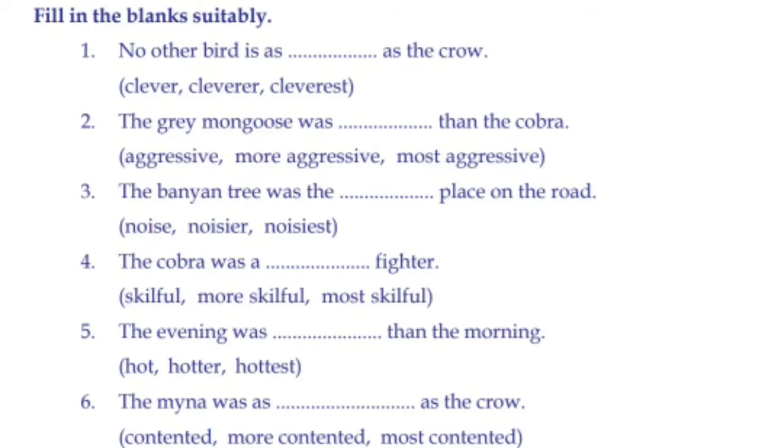See the first sentence. No other bird is as dash as the crow. There are two clues to help you understand which degree of comparison is to be used in the sentence.